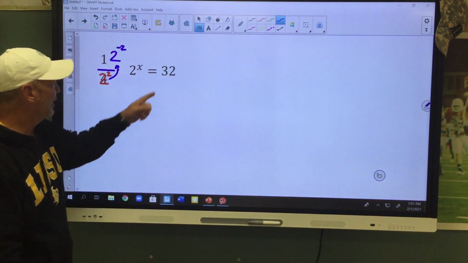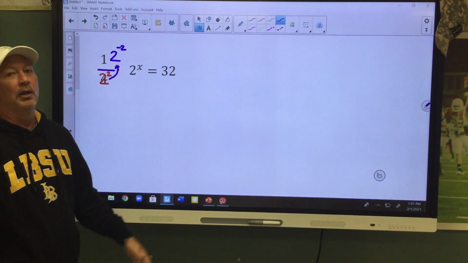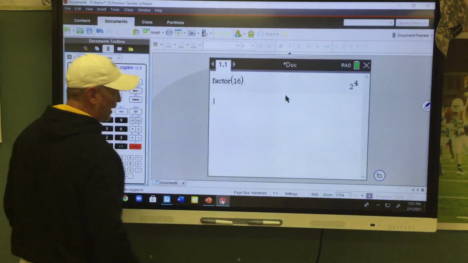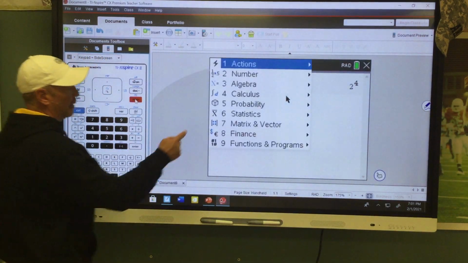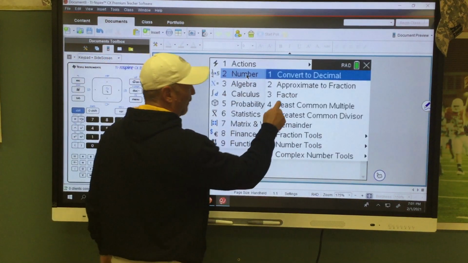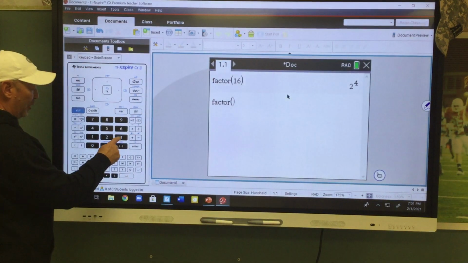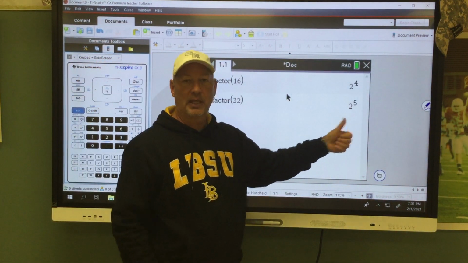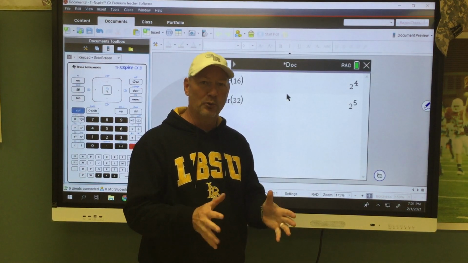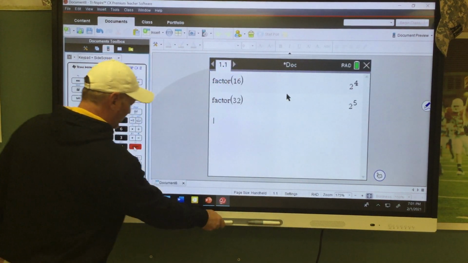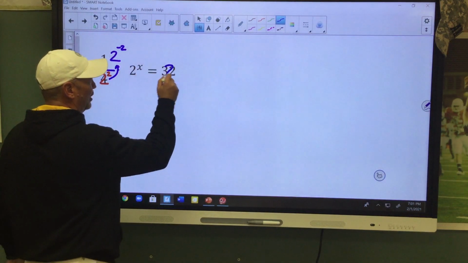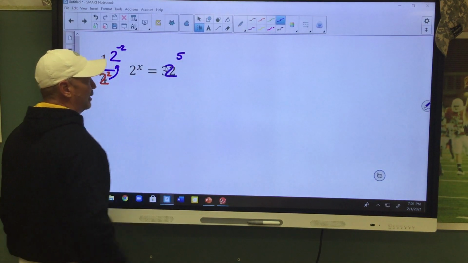Okay? And then 32. I'm not sure about 32, so I'm going back to the calculator. So I'm going to say menu, and we're going to go number, factor. I'm going to put in 32, and it turns out that this is 2 to the 5th power. Yay! It's still 2 as my base. So we're going to rewrite this as 2 to the 5th power.